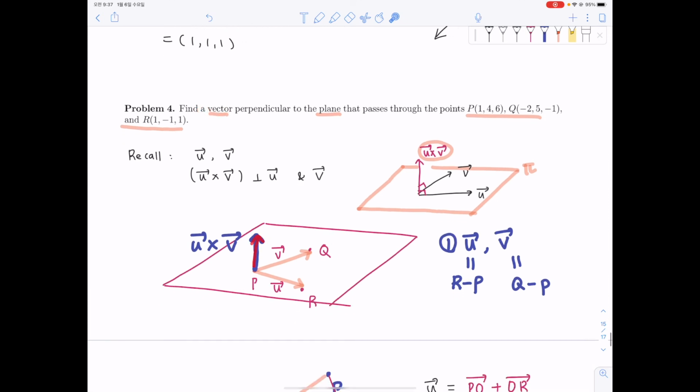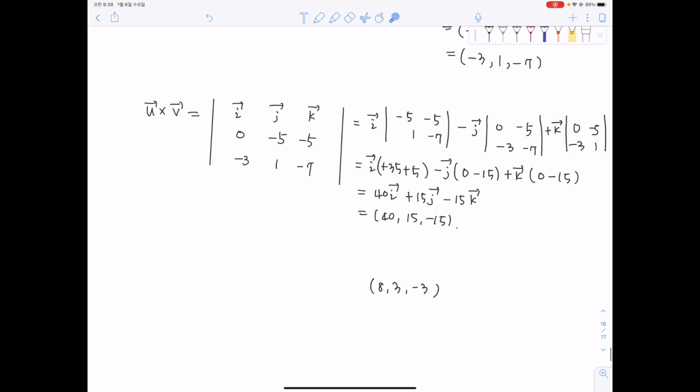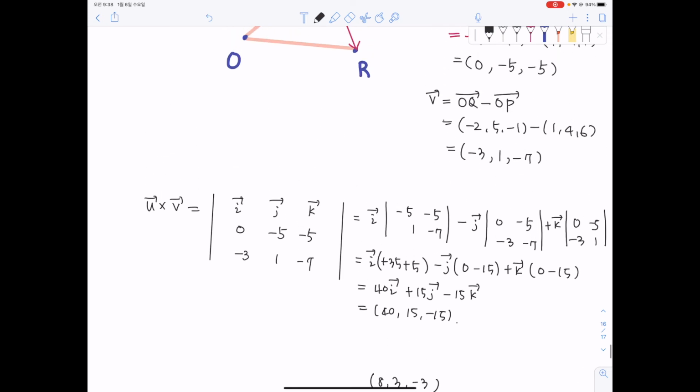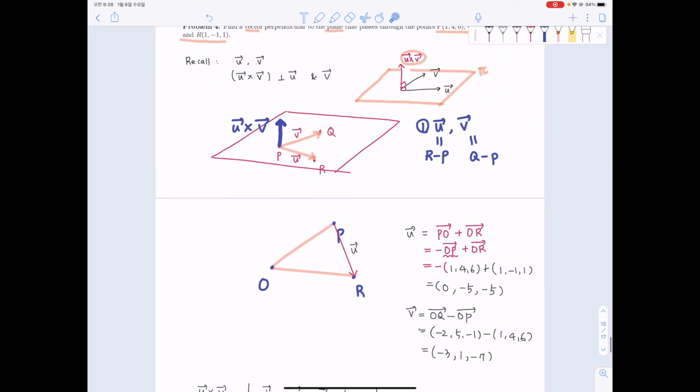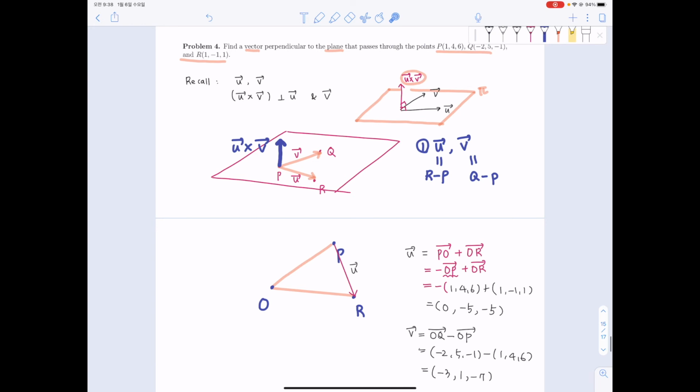There are lots of vectors perpendicular to the plane like this, so you can find only one vector. If you find one vector, then it is done. So you can check it like this. If you don't understand these things, then you can ask me in the office hour or by email.